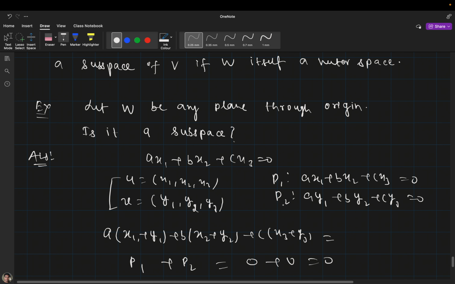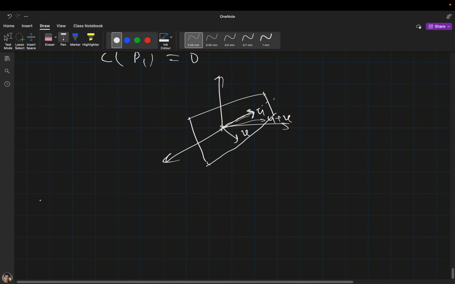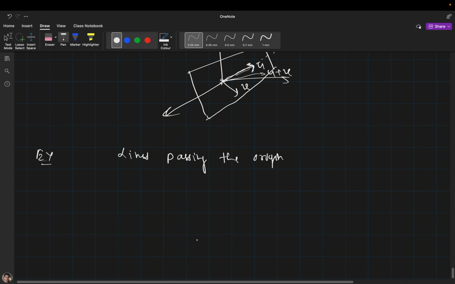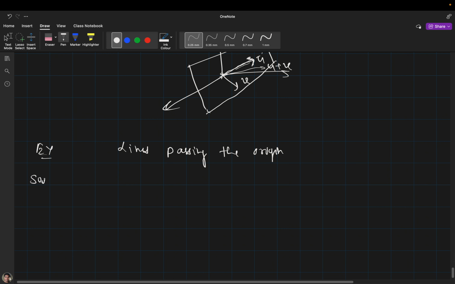Is it fine? And what about lines passing through the origin? Let's take a line.